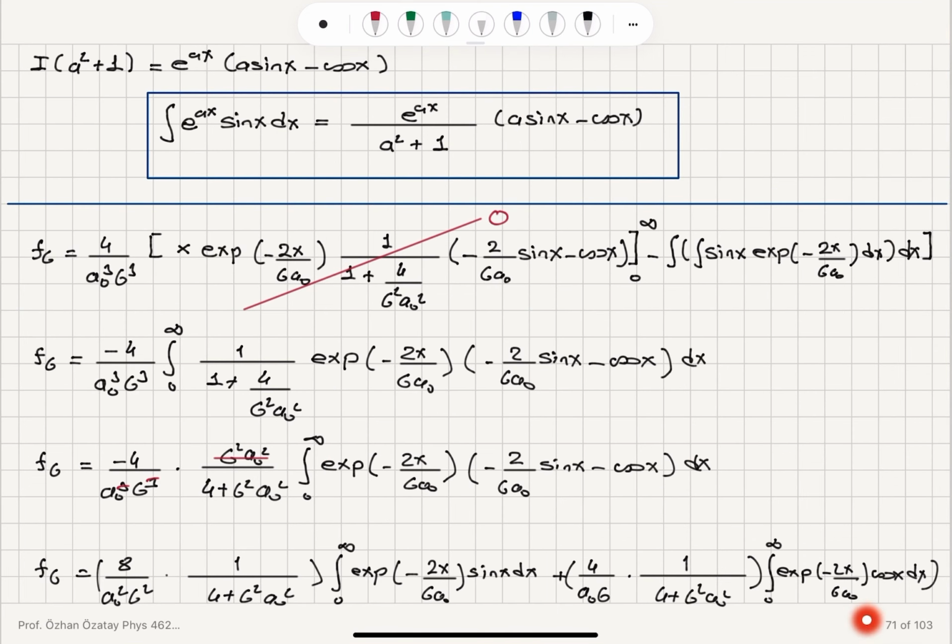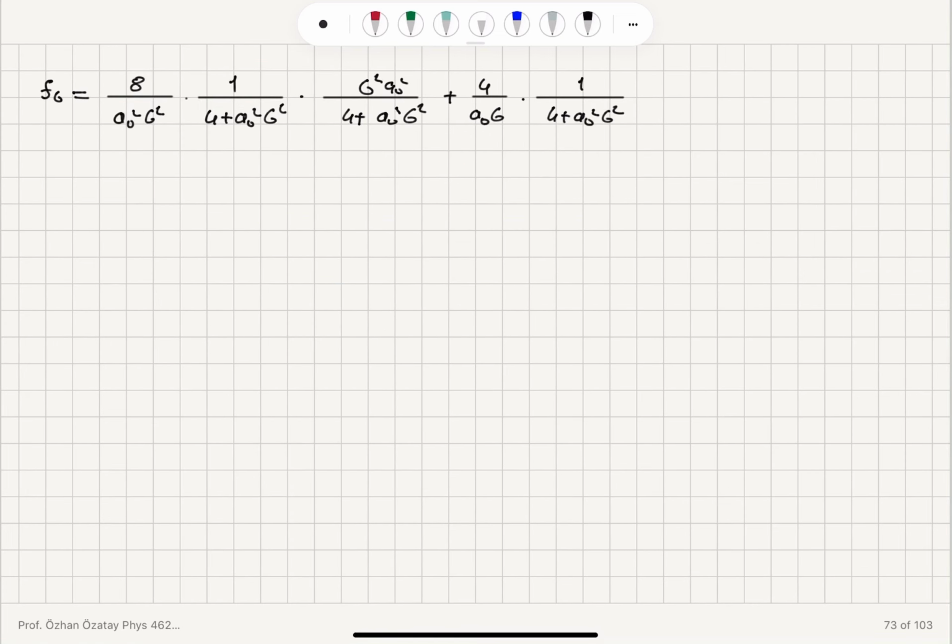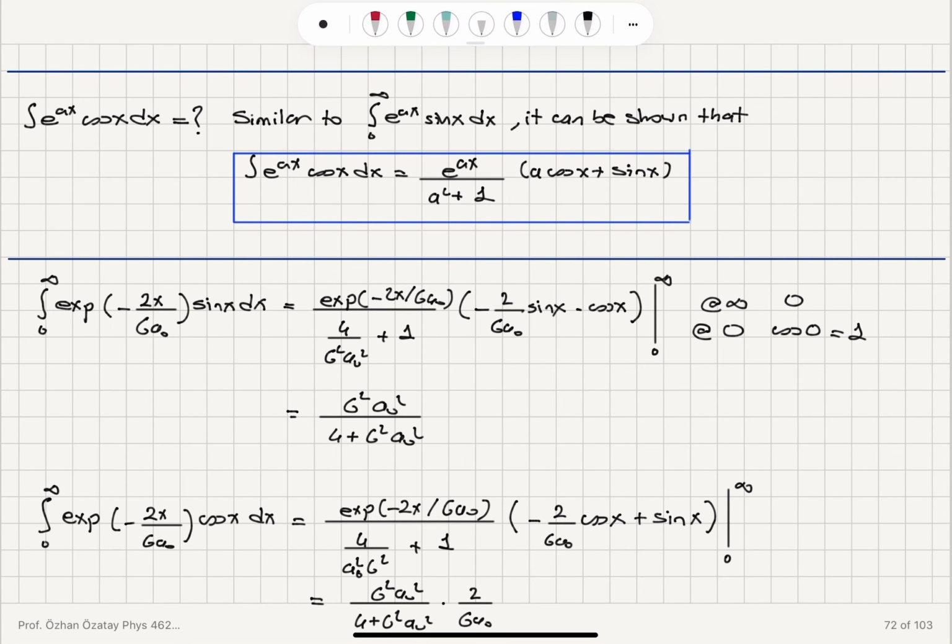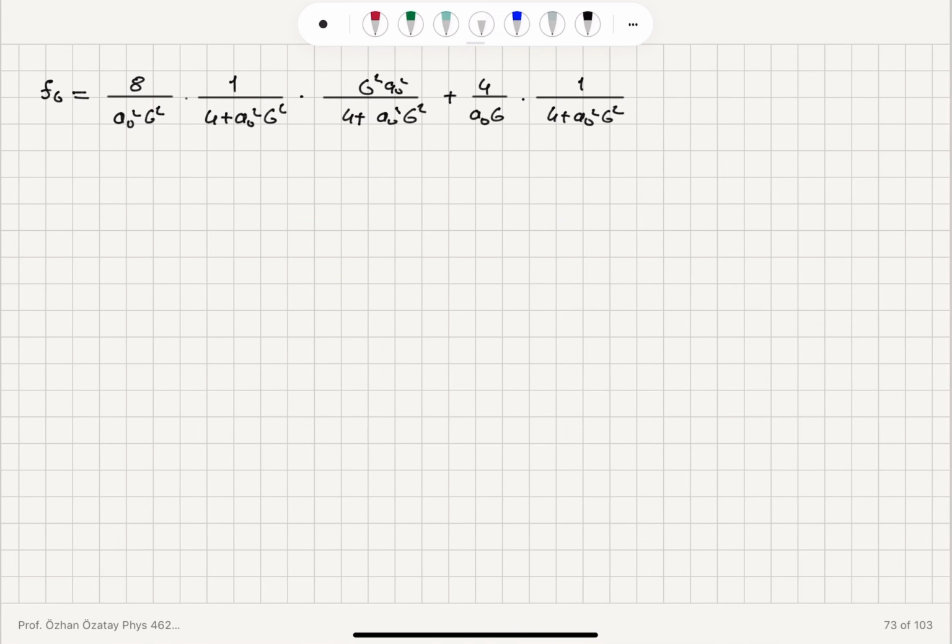This is the integral e to the minus 2x over ga0 cosine x dx from 0 to infinity. And the answer we obtained for this one is here. So let's put that here.